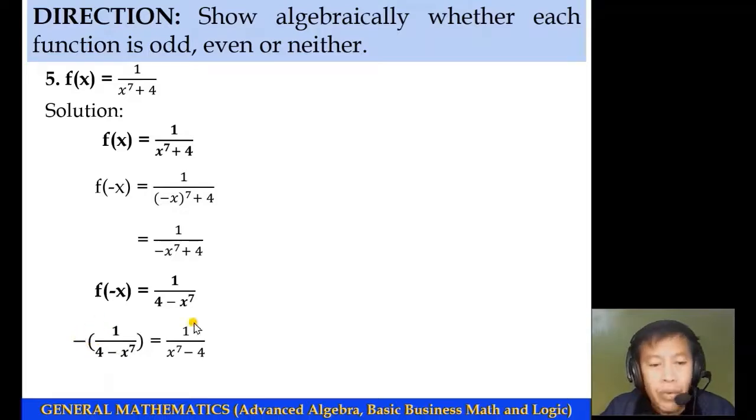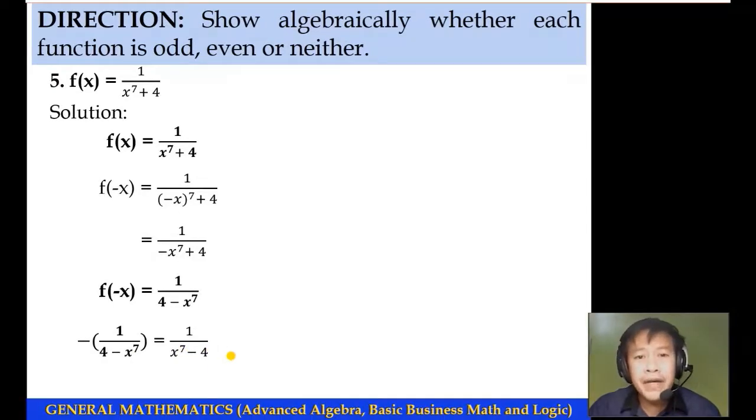Negative quantity 1 over, because negative times negative is positive, and 1 times x raised to 7 is equal to x raised to 7, minus negative 1 times 4 is negative 4. That is why the negative of the rational expression 1 over 4 minus x raised to 7 is equal to 1 over x raised to 7 minus 4.